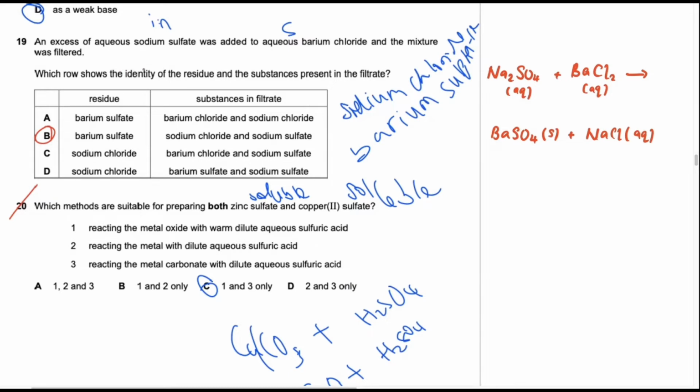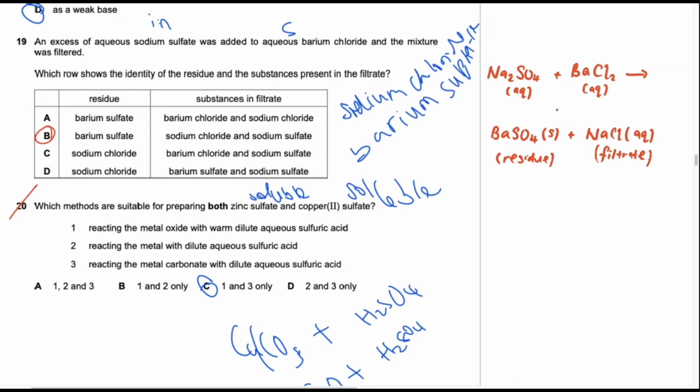Which row shows the identity of the residue and the substance present in the filtrate? Residue is the solid. Filtrate is the one in aqueous. Okay.